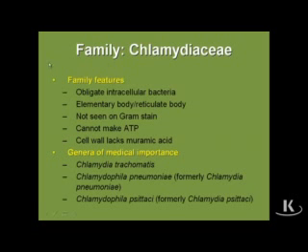One of the unique features of the family is in the second point that I'm circling for you here, the elementary body versus the reticulate body. This is unique really to the Chlamydiaceae family, where you need actually 2 forms of the organism in order to propagate yourself. Now, the elementary body, and this is testable, I'll give you an example of when this is testable, so stick with me here.